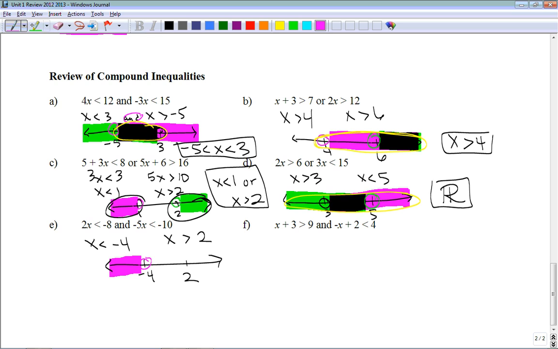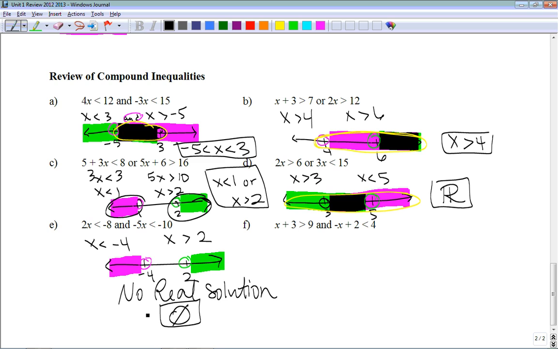And then x is greater than 2. We're looking for and, so we're looking for that overlapping region. Well, it doesn't look like that ever happens here. So you could either write out no real solution, or you can do it like this as well. That's the empty set.